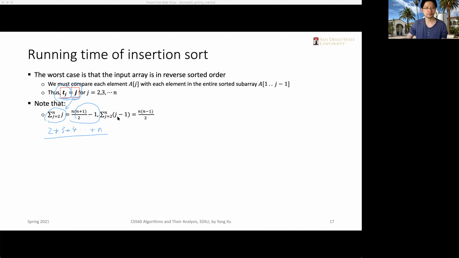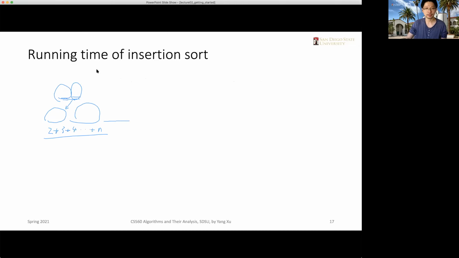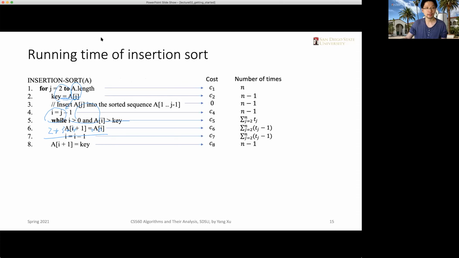And also, we have another expression, which is the summation of J minus 1, right? This is because in the previous slide, we have not just the summation of TJ, but also the summation of TJ minus 1. Okay, that is for each line of the body within the while loop.